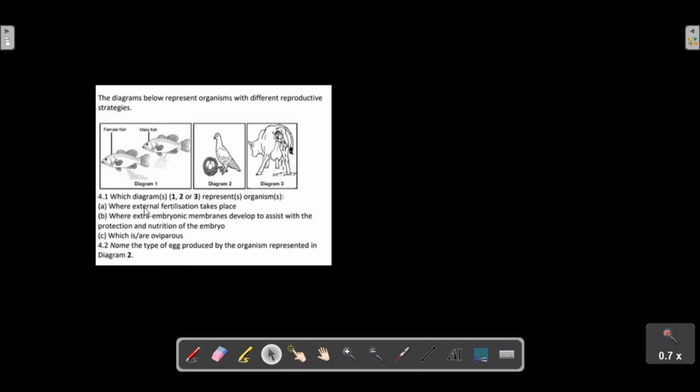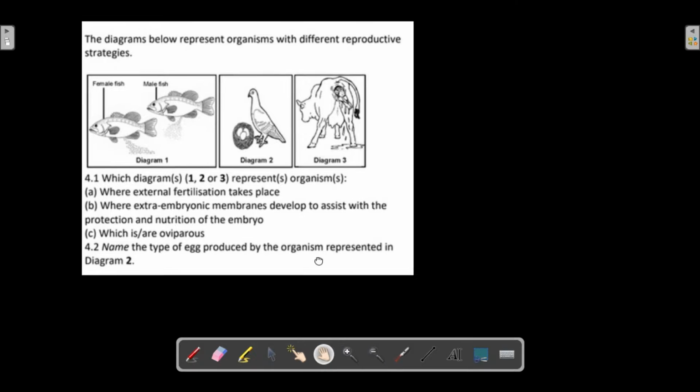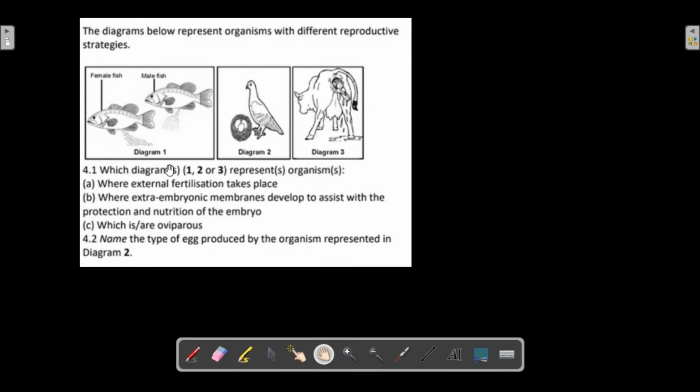So we are presented with diagrams in this one. We have diagram one, in which we have the two fish, a female fish and a male fish, and it looks like they are releasing gametes. The male fish will be releasing sperm cells, and the female fish releases egg cells, and fertilization will occur outside the female's body, which is what we call external fertilization.